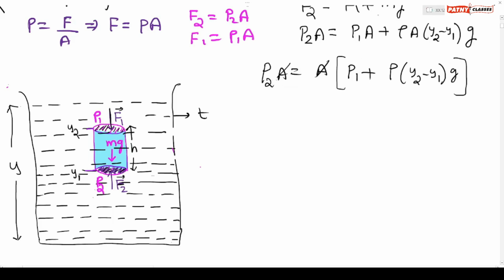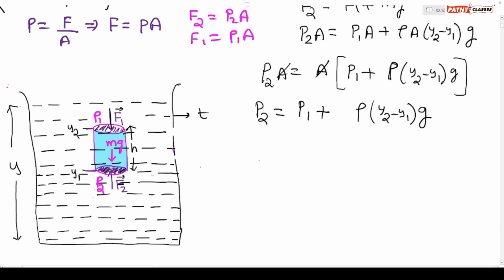Now in the RHS, taking A common and cancelling on both sides, we get P2 equals P1 plus rho multiplied by y2 minus y1 multiplied by g.